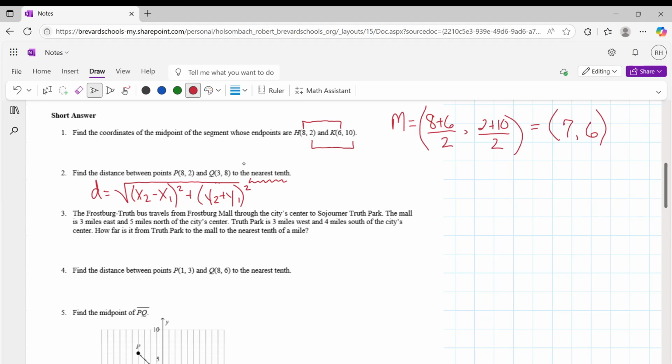So if we label these points this time, we've got an x1 and a y1 and an x2 and a y2. So then we're going to substitute.